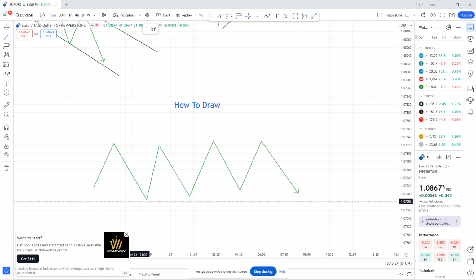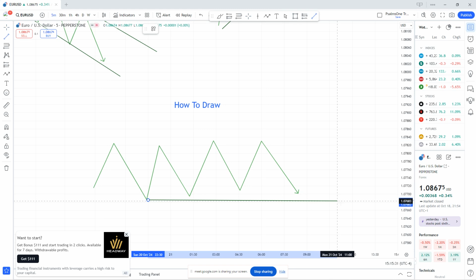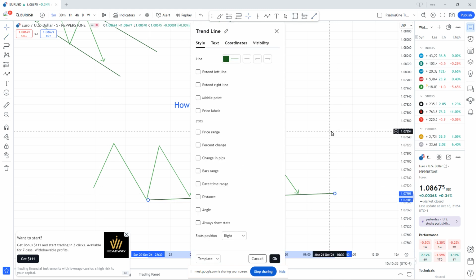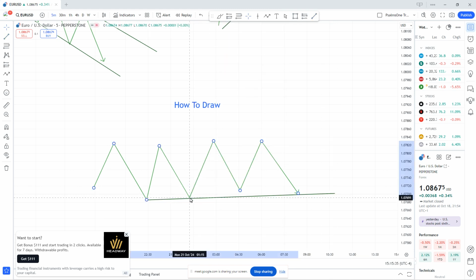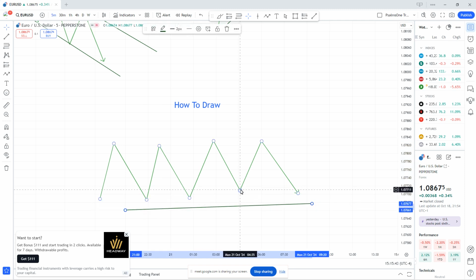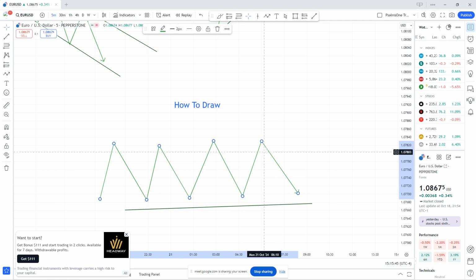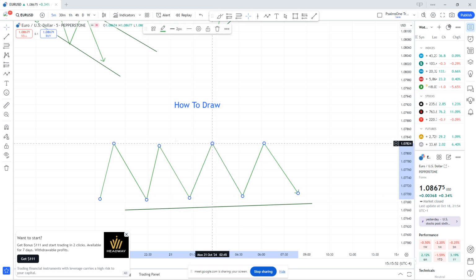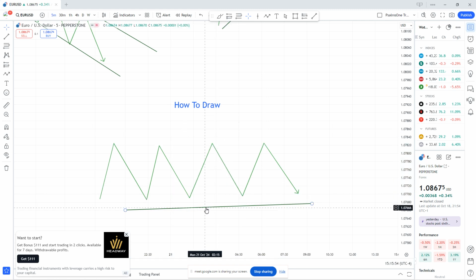You just connect two levels. This point A and point B, connect it together. Let me try and draw it very well. You are seeing my screen, please.